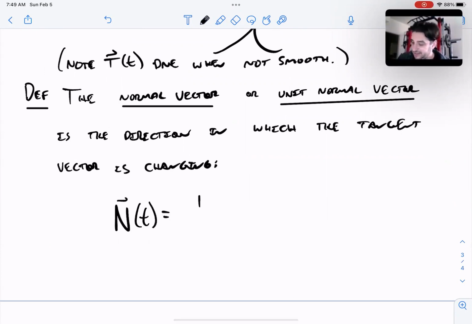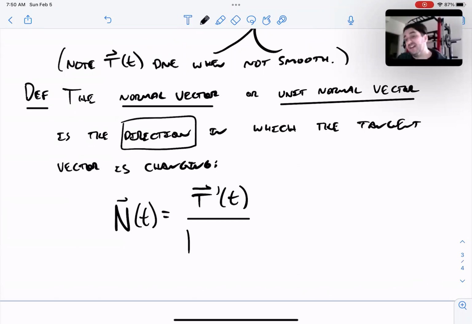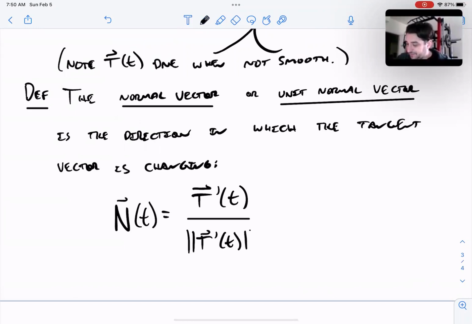So you take the change in the tangent vector, T prime, but then you see here, I just want the direction in which it's changing, not the speed at which it's changing. So you do the same trick as before. You divide that rate of change by its own magnitude to get something that's guaranteed to be unit length, right? So this is the direction in which the tangent vector is changing.